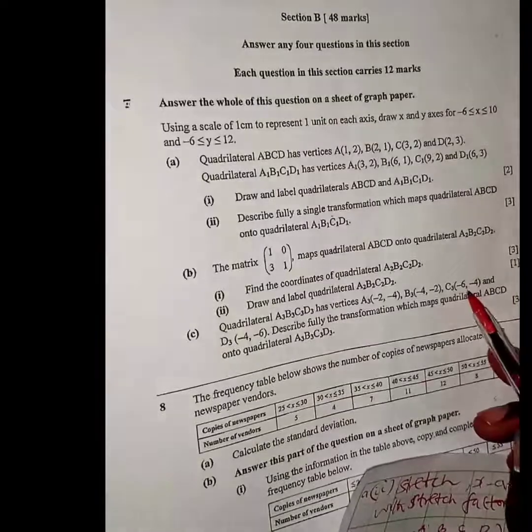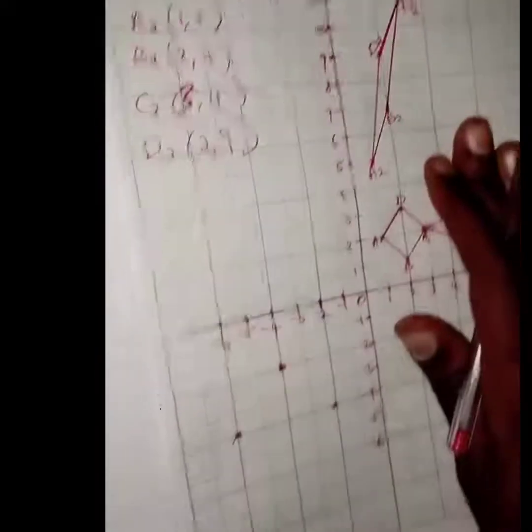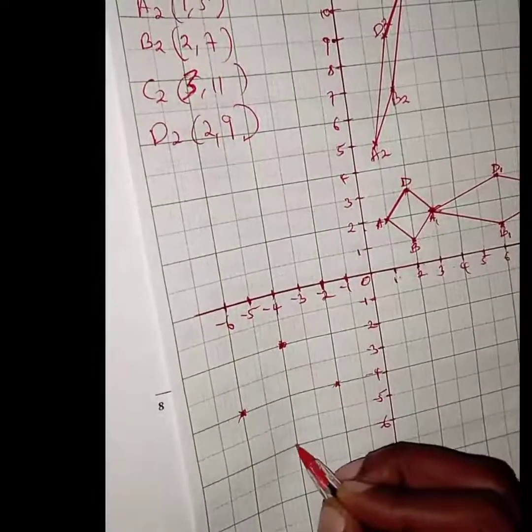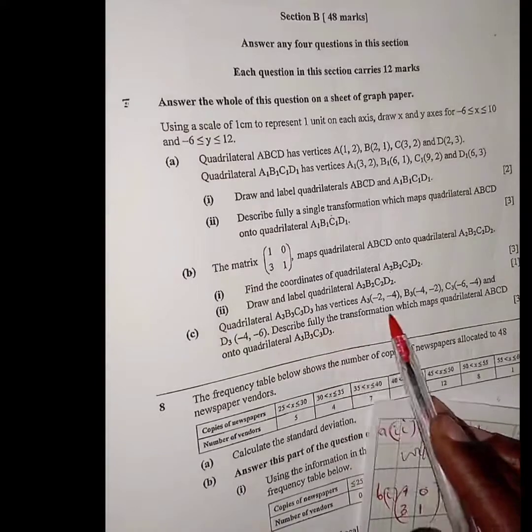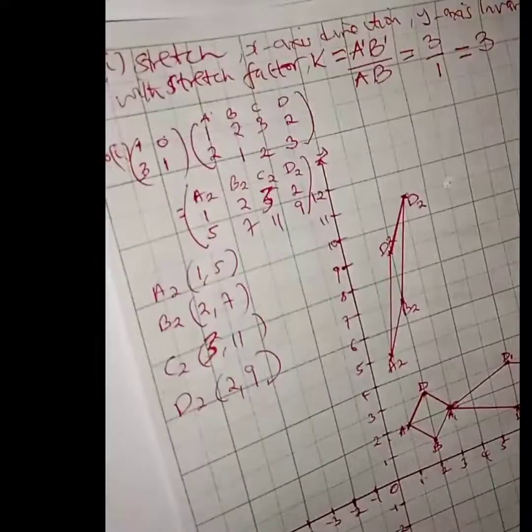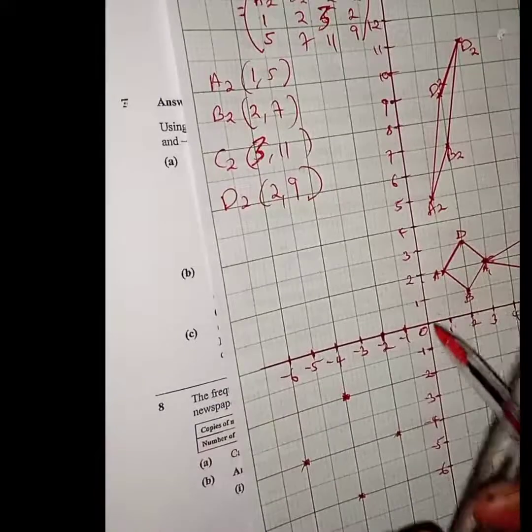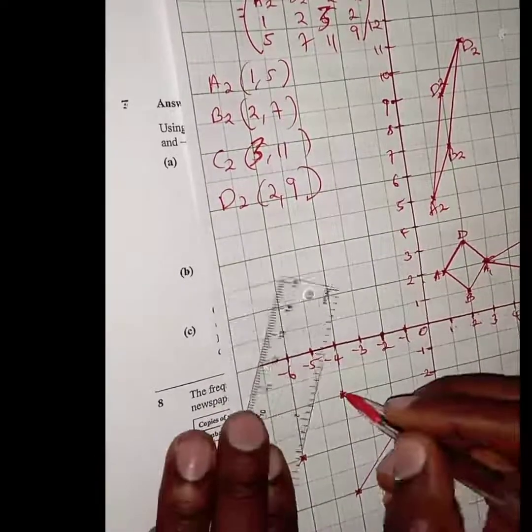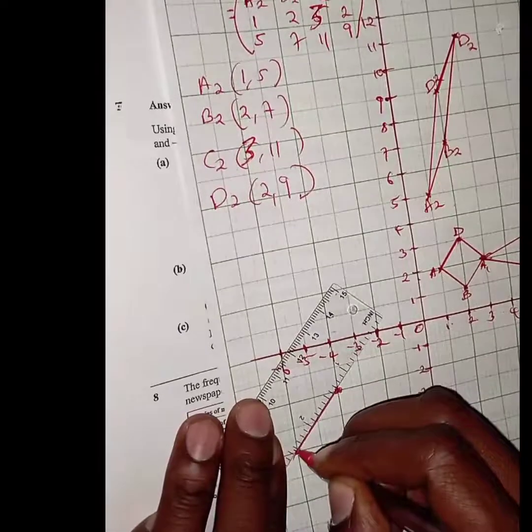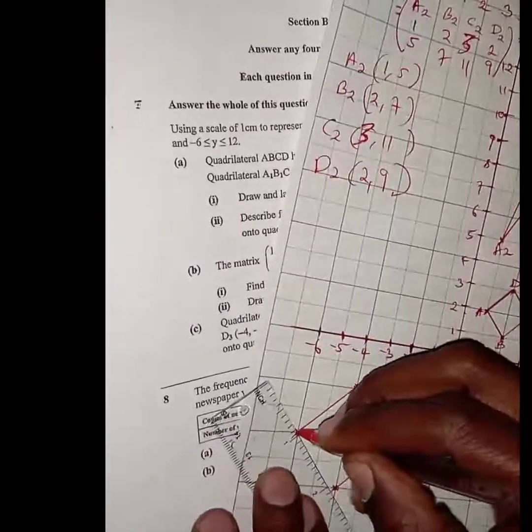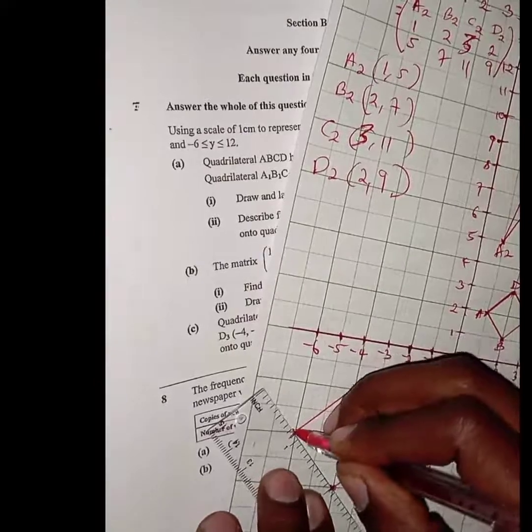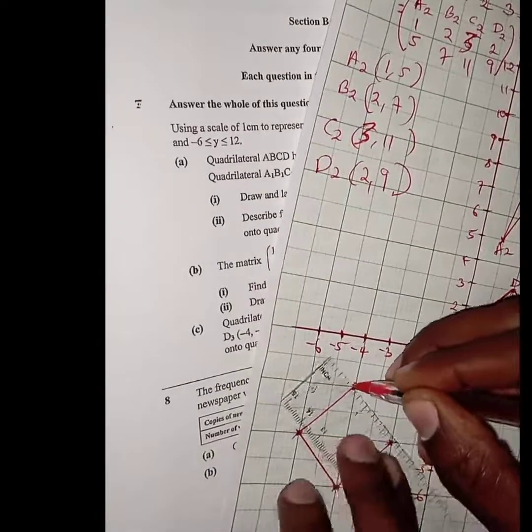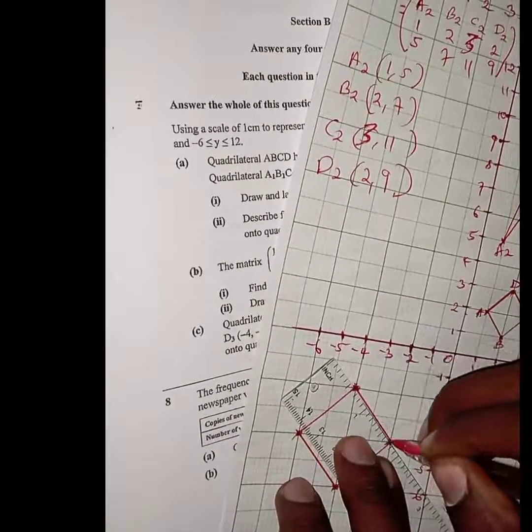Another point, -4, -6, -4, -6 is here. Okay, let us just connect. So by drawing this, you can still get some marks. That's the beauty about construction.